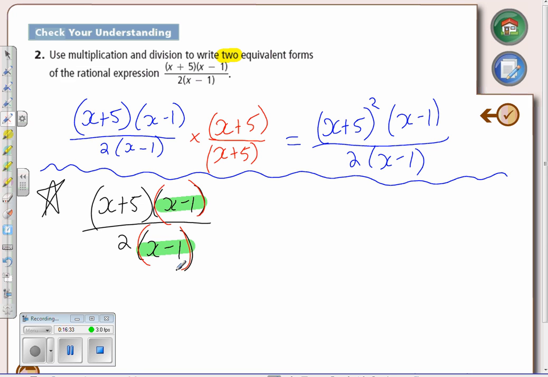I can't just divide by an x. I want to divide by a whole package. If I divide the numerator by x minus 1 and the denominator by x minus 1, those are going to cancel off to 1, which is going to leave us with x plus 5 over 2. And that's the important part, where we're canceling off or dividing a common factor to 1.